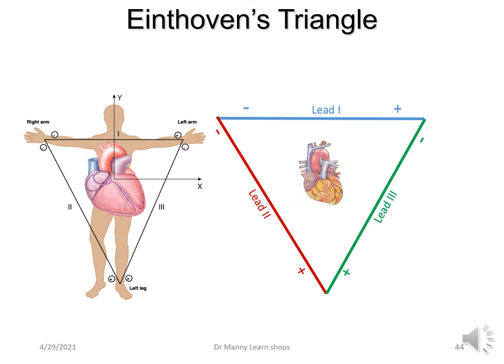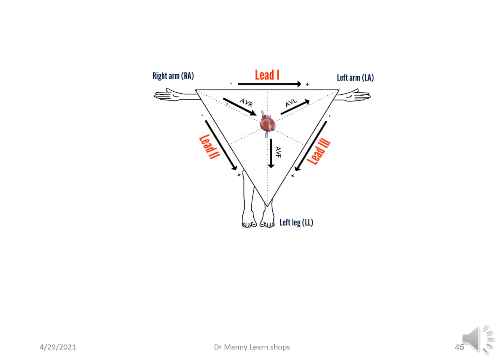Einthoven, as I said, in 1901 created the right arm electrode, left arm electrode, and the leg electrode. And Einthoven's triangle basically represents this. Think of it like this: right arm electrode, left leg electrode.